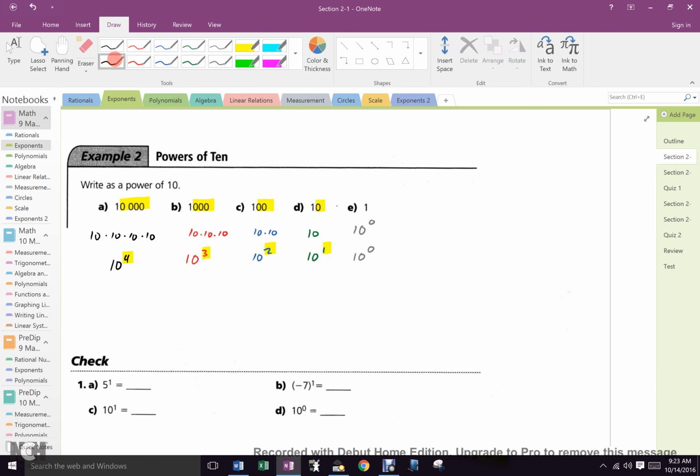So what, guys, is 10 to the 7th? It's a 1 with how many zeros? 7. Which is 10 million. Everybody got it? That's the last thing.